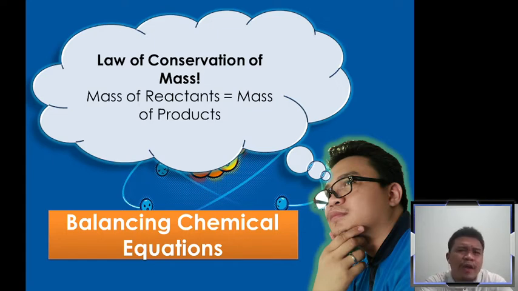Or you may interpret it as the number of molecules on the reactants side must be equal to that of the products side. Okay, so let's make these concepts very clear as I show you some examples in this video.